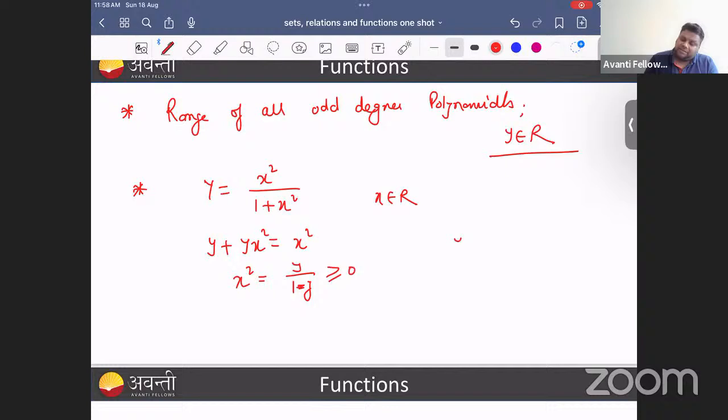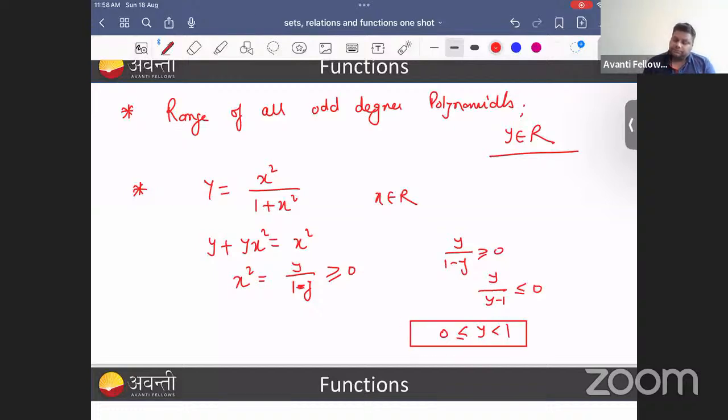So y upon 1 minus y is always greater than or equal to 0, that is, y upon y minus 1 is less than or equal to 0. And if you just analyze, you will realize that y lies between 0 and 1. Got it? So this is how we find their range.